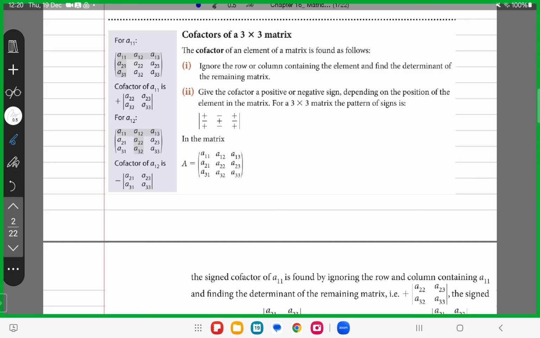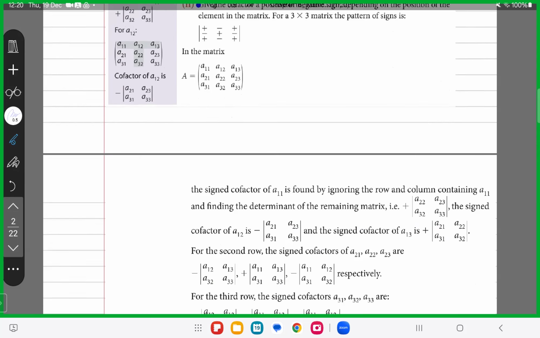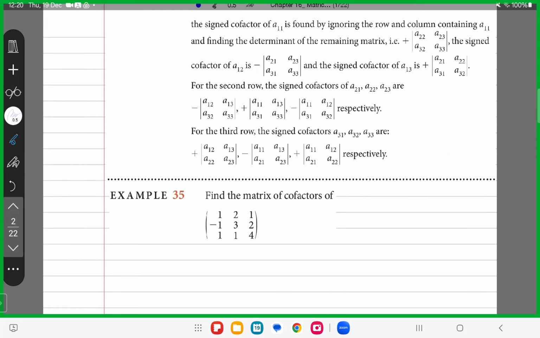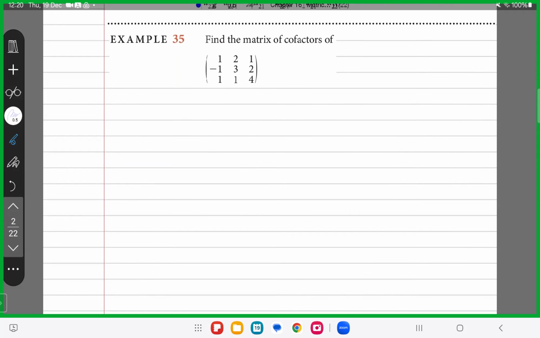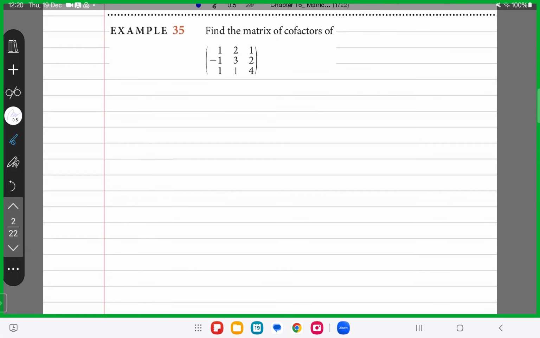All right. So the next thing I'm going to do is skip this section and go straight into showing you how this works. In example 35, we're going to find the matrix of cofactors of this matrix here.